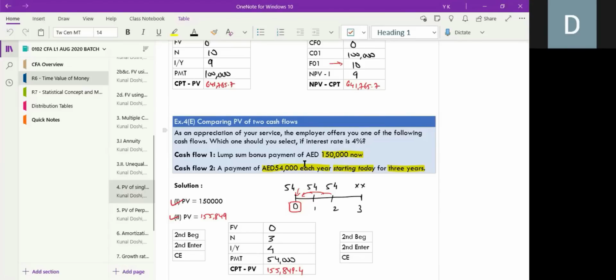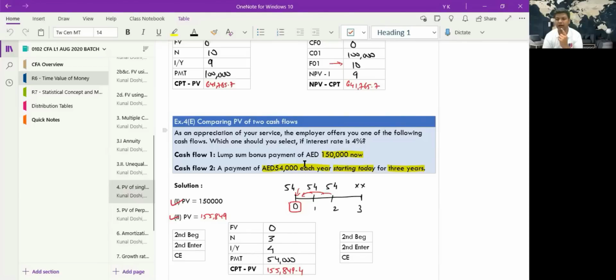Everything same. You must have got 54,000 as PMT, 3 as N, 4 as I by Y, 0 as future value, right? And then you calculate the PV.